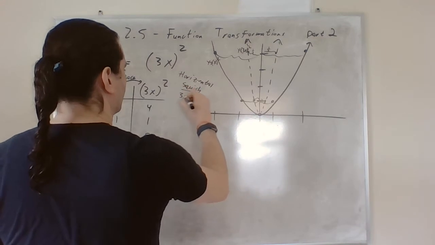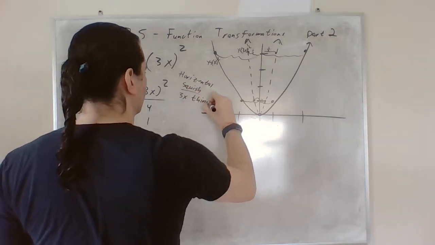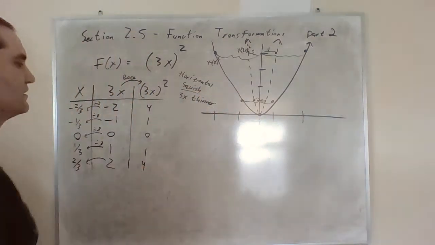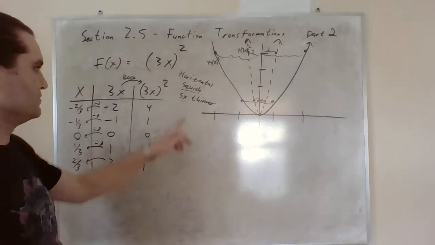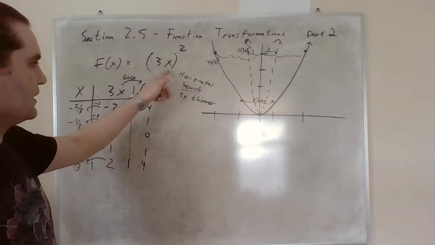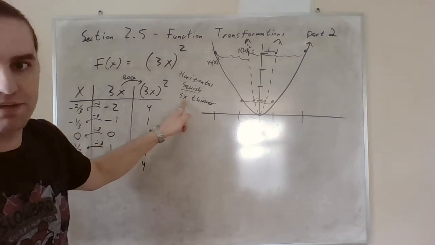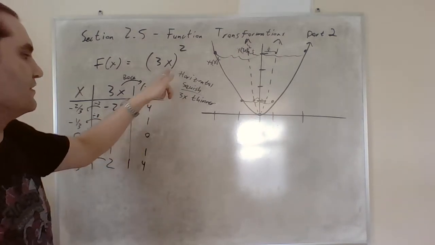This got 3 times thinner. I probably shouldn't use x as times when x is a variable right here. This is 3 times thinner. This is 3x, the variable.